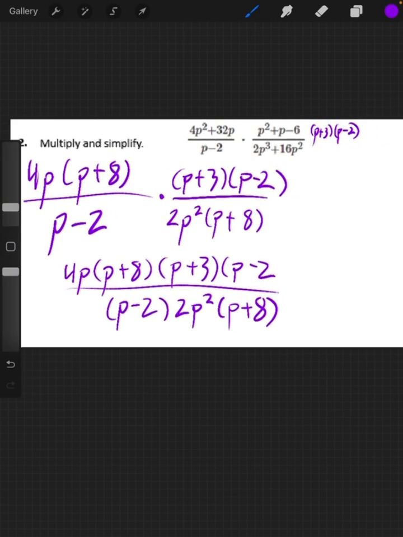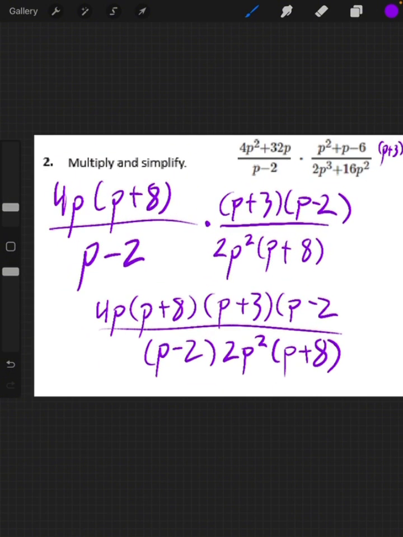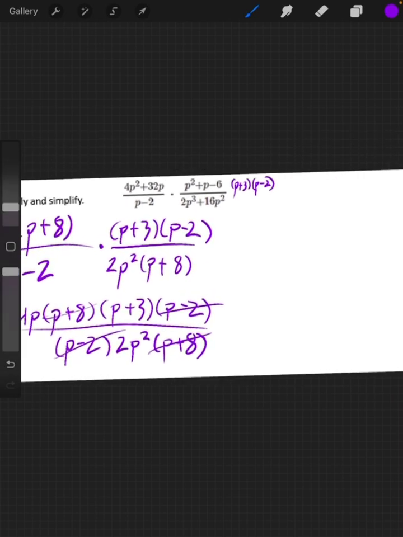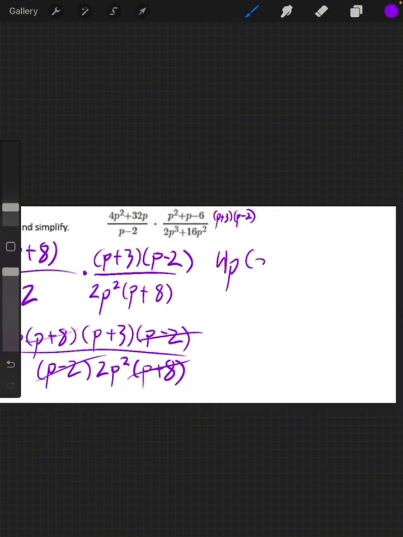Okay, now what we could do is look for stuff that cancels out. So here at the top we have a p plus 8 and we have a p plus 8 right there, so that cancels out. And then we have p minus 2 over here and p minus 2 over here, so that cancels out. So then we have 4p times p plus 3 over 2p to the power of 2.